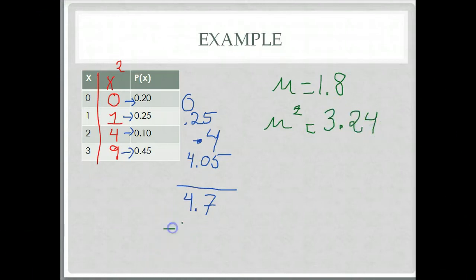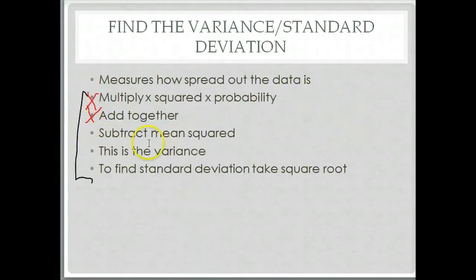So I'm going to subtract 3.24 from this value. 4.7 minus 3.24 is 1.46. This is our variance.